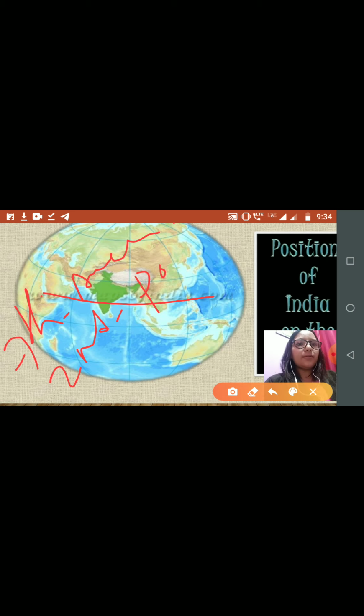India lies in the southern part of Asia. It is the seventh largest country in terms of area and the second largest in terms of population.